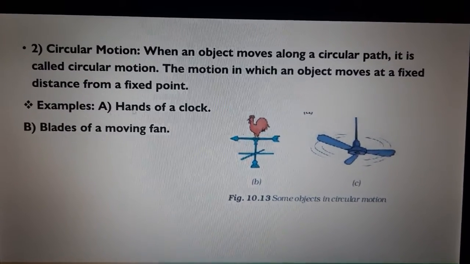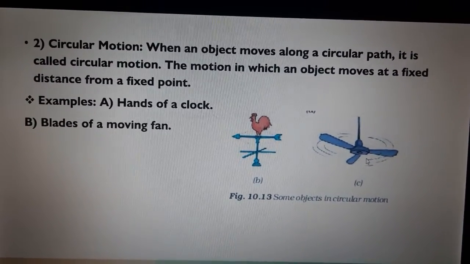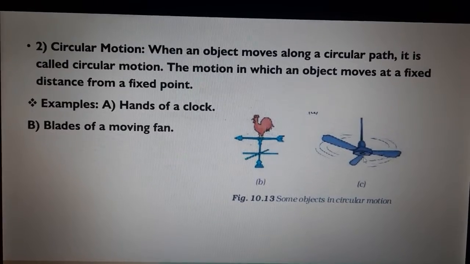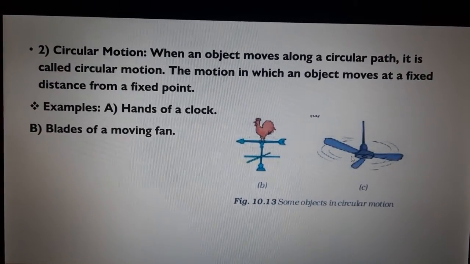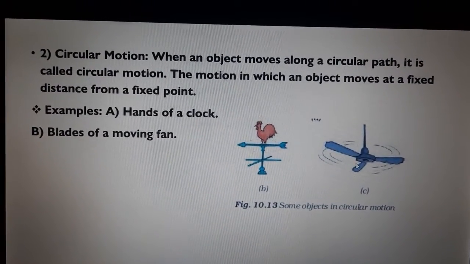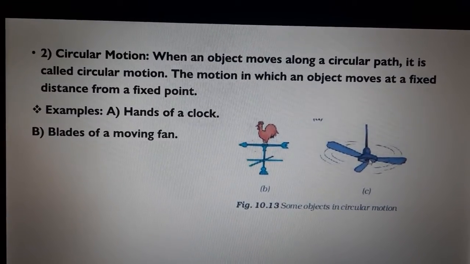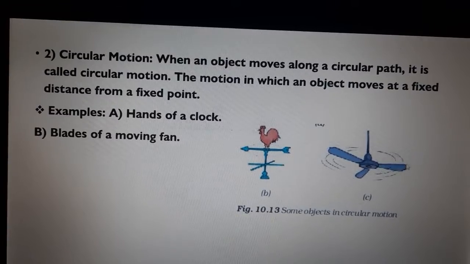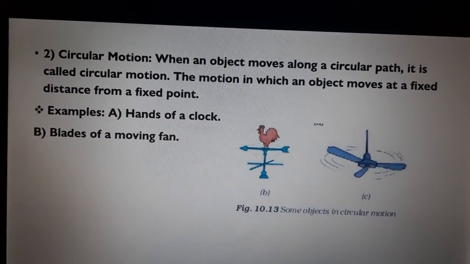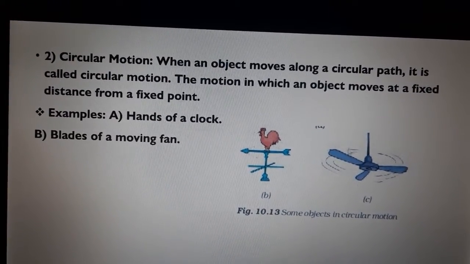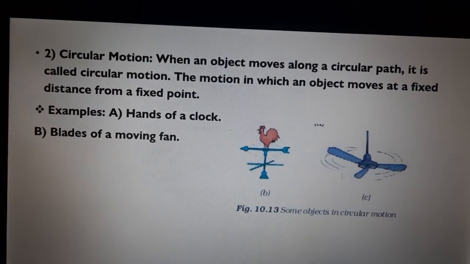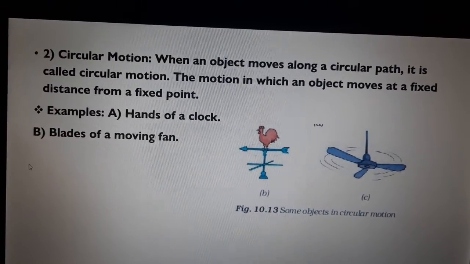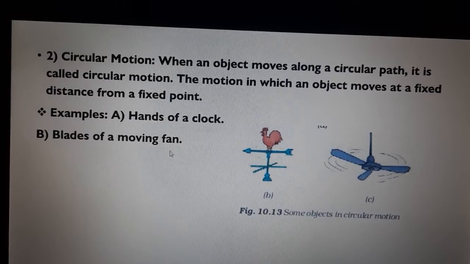So, here you can see in the example the object, for example the blades of the fan, moving fan. It is moving from a fixed point, that is the central point, to a fixed point which is the end of the blade. So this particular movement will be considered as circular motion. So the example is blades of a moving fan.